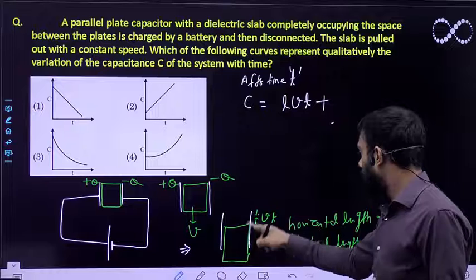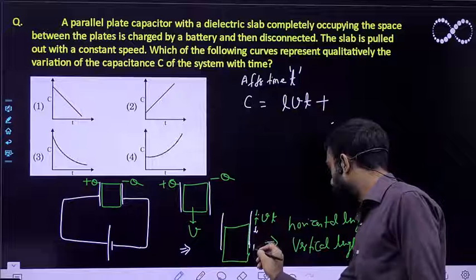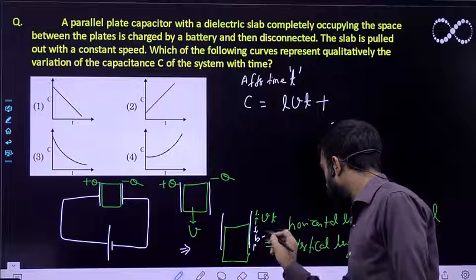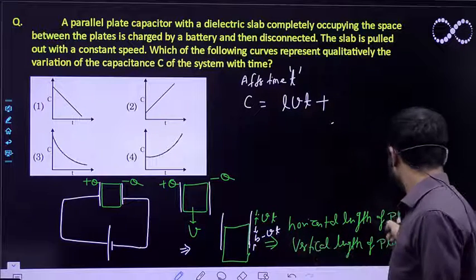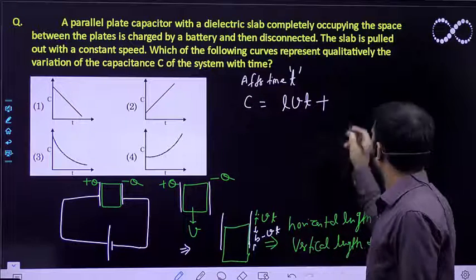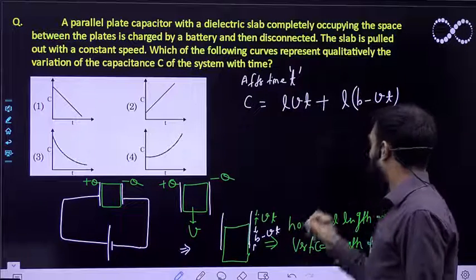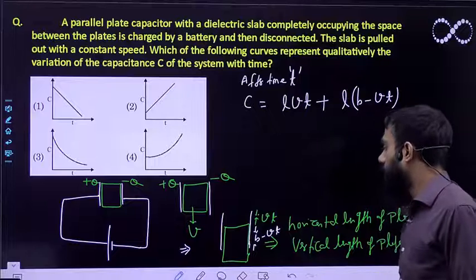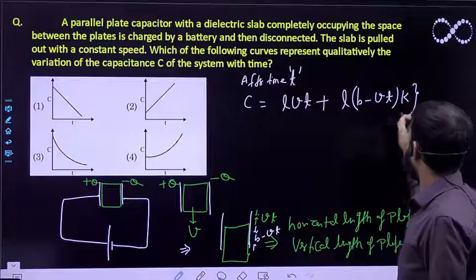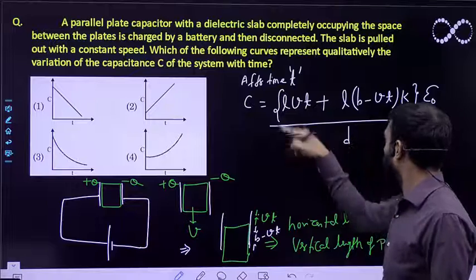Plus now for this other area, the vertical length is B, so this length will be B minus vt, and the horizontal length remains the same L. So this area is L times (B minus vt), and in this area the dielectric constant is K. So multiplied with K here, all with epsilon naught upon d. This will be the capacitance.